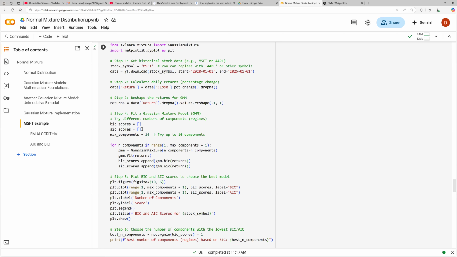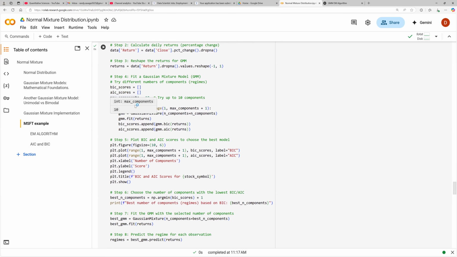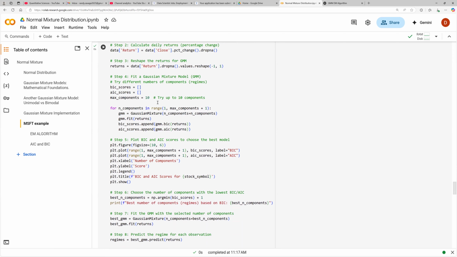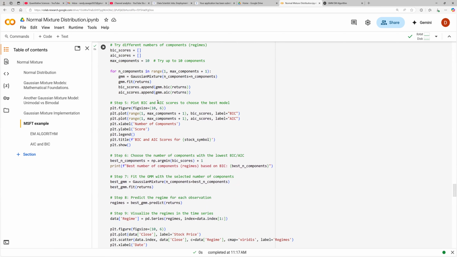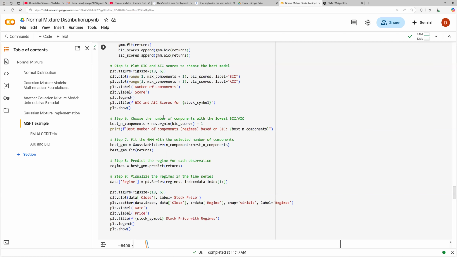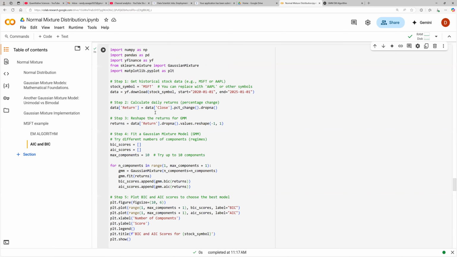And then we try to come up with the optimal number of components. Before we saw 2, and in this case it's going to end up being 2. We calculate the AIC and BIC scores. Whatever minimizes them will be the optimal number of components. So we plot the AIC and BIC scores and choose the number of components with the lowest score.